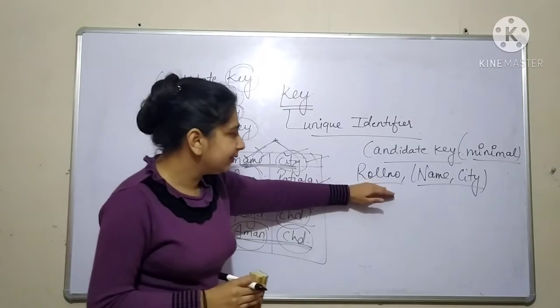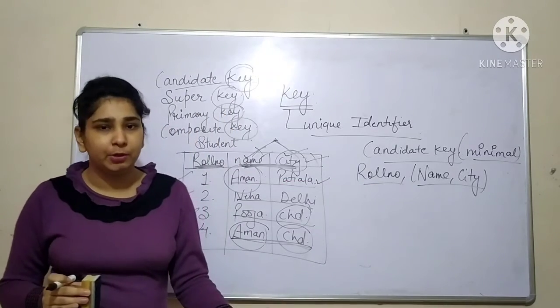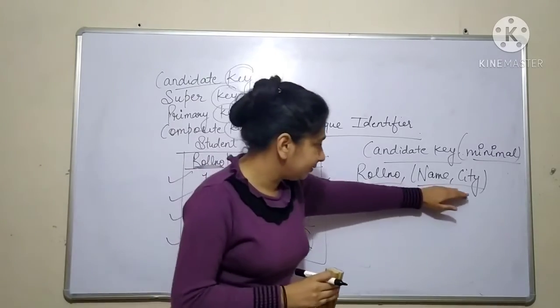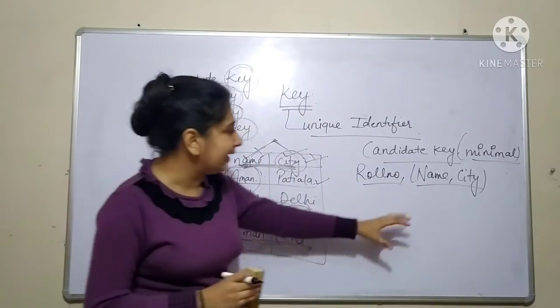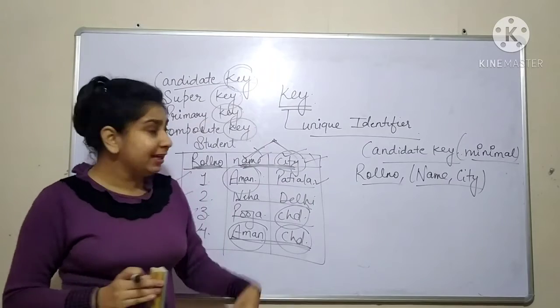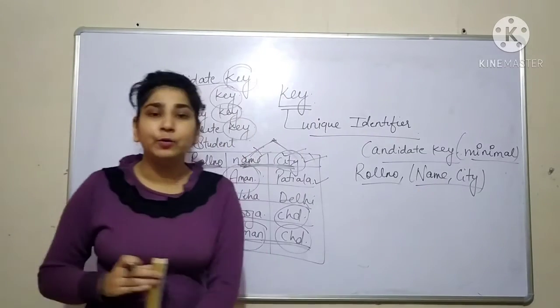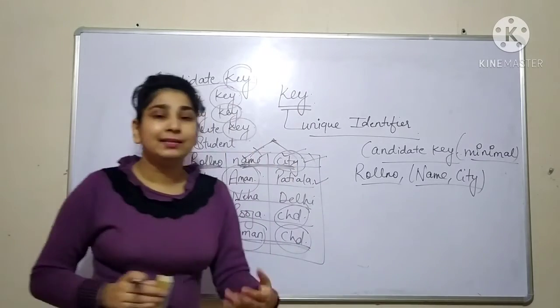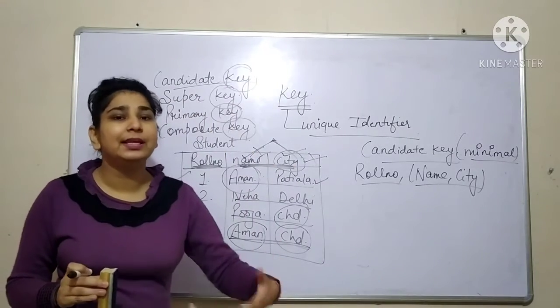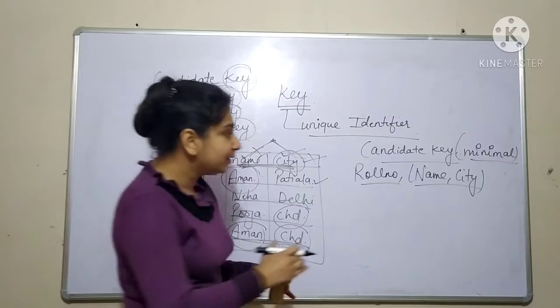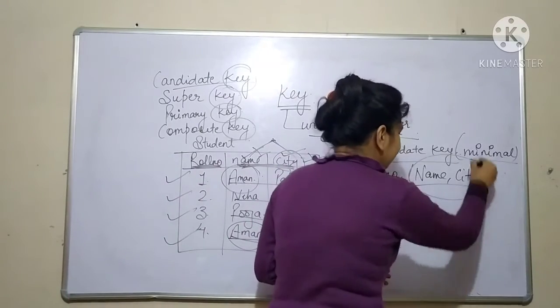If you look at this, roll number is a single attribute. Okay. But this name and city combinedly is a key attribute. If you delete any attribute out of these two attributes, then it would not be the key attribute. Okay. So this is the minimal key.